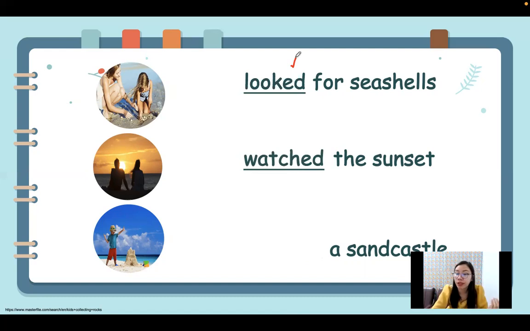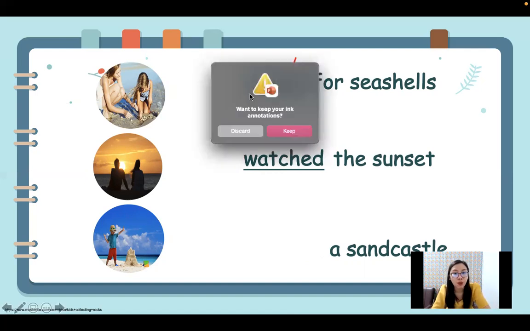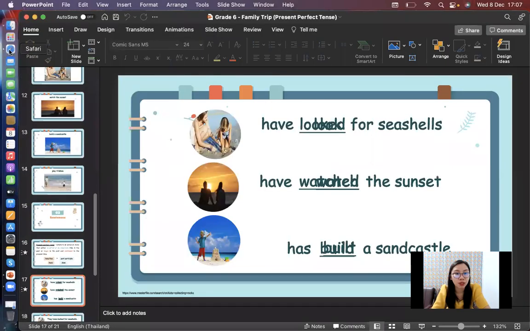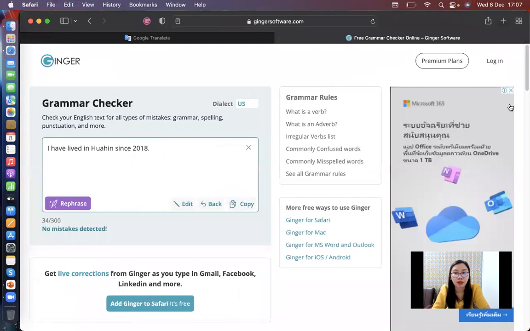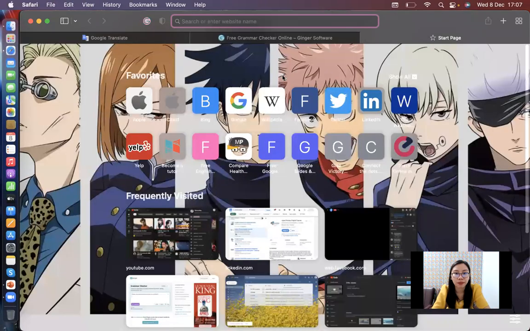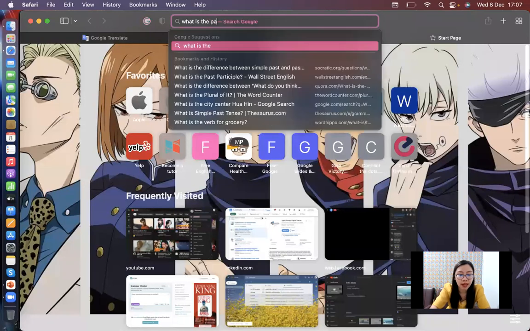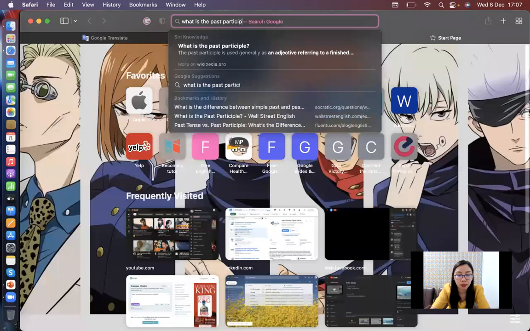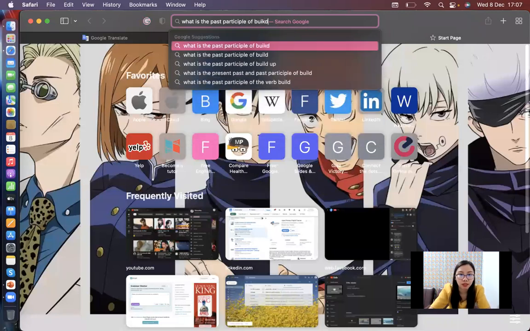But build, we don't have the word builded. So we need to search for the past participle of that verb. For example, what is the past participle of build?